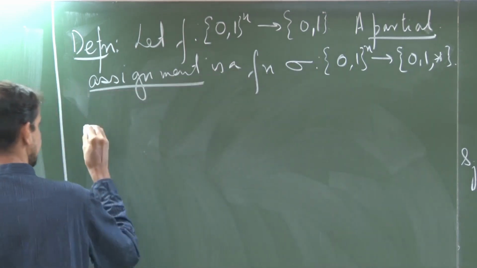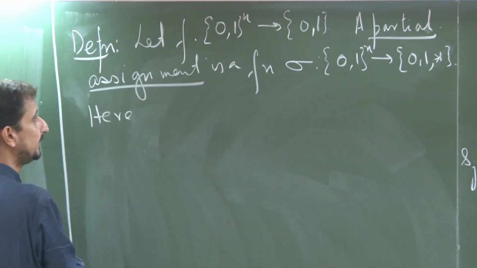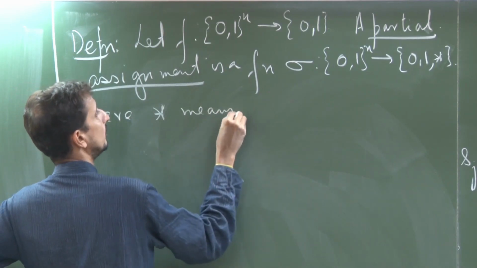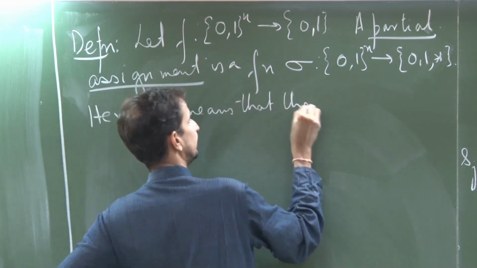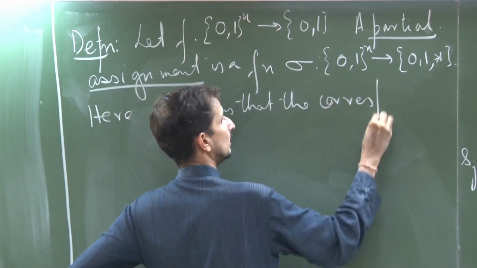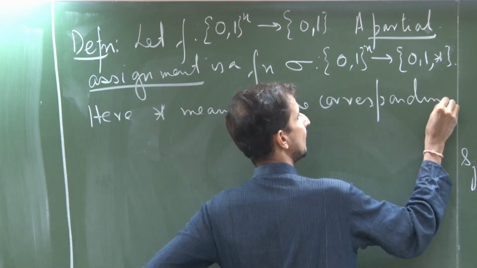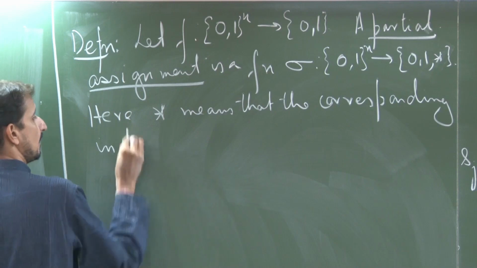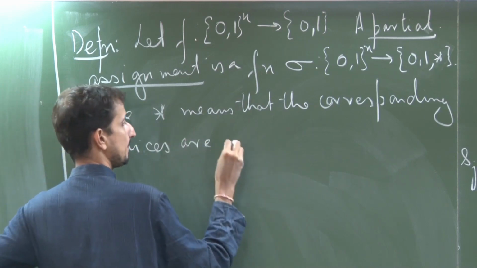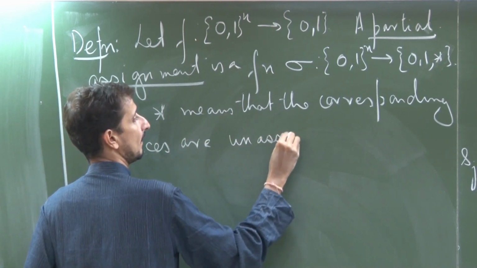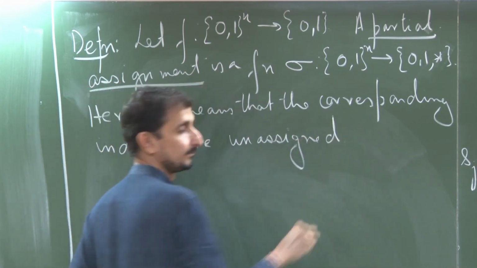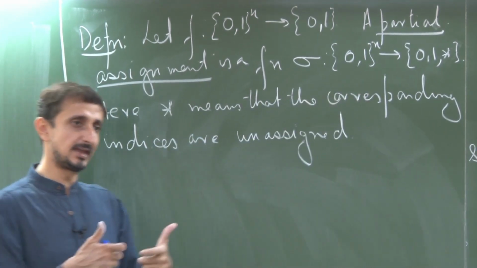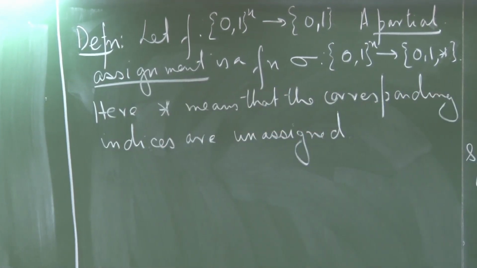So, this is what a partial assignment means, and to understand it, here star means that the corresponding indices are unassigned. The indices which go to 0 and 1 are getting a fixed assignment, and the indices which go to star are free.